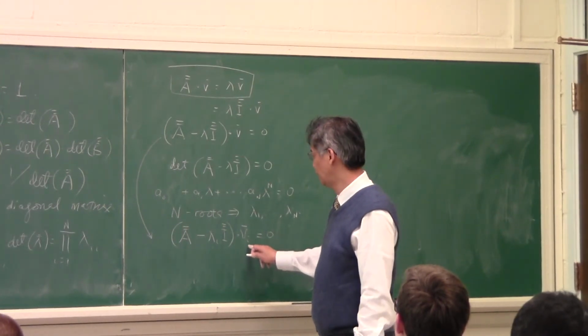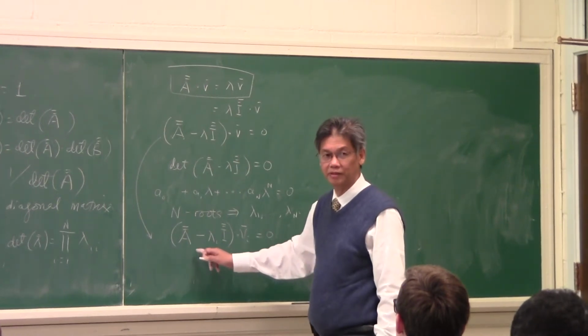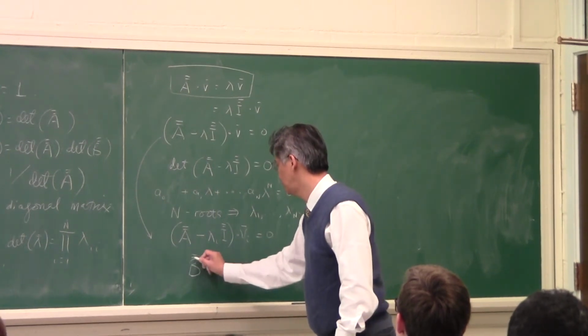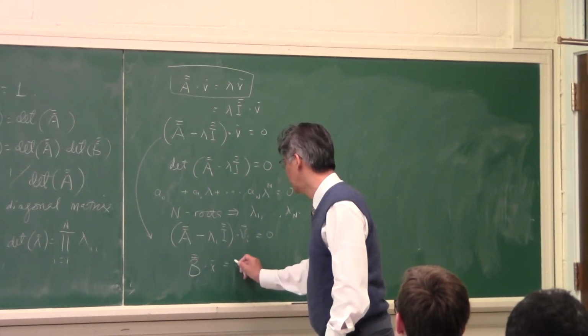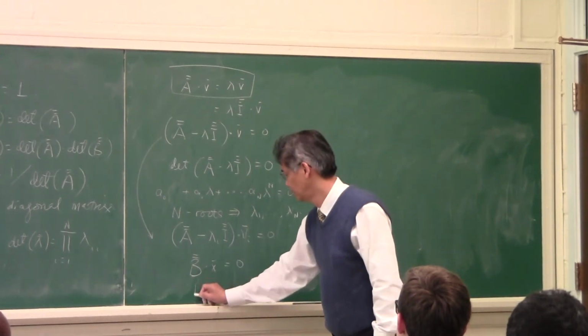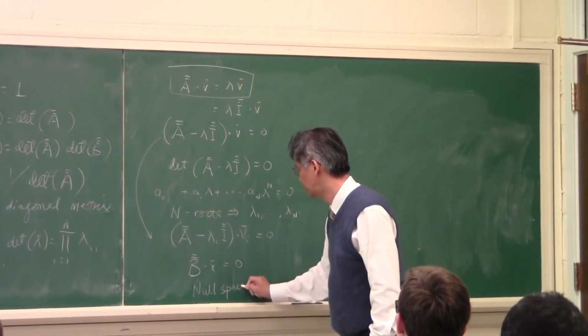And that eigenvector lies in what we call the null space of this matrix. So if you have b dot x equal to 0, this is only possible if x is in the null space. That concept is often taught in linear algebra.